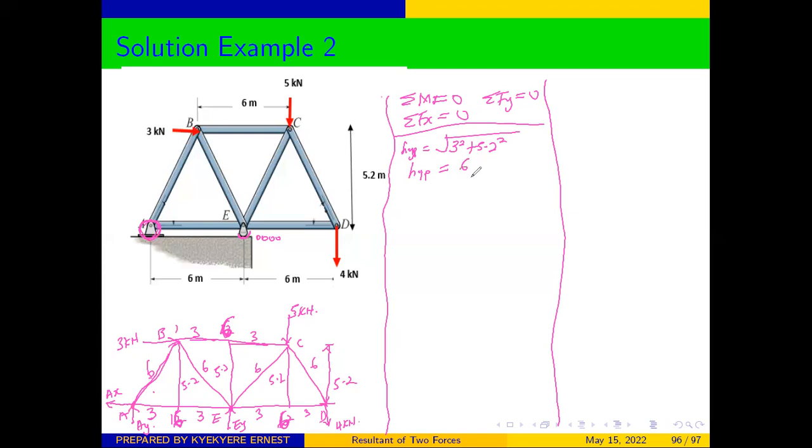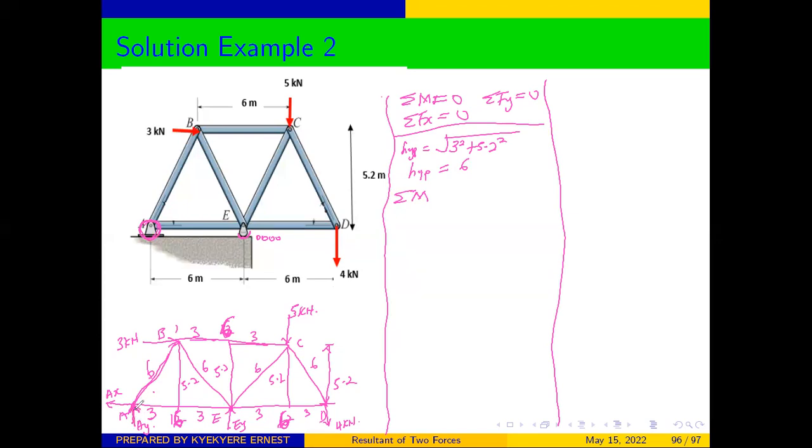This is equal to 6. We can determine our external forces by saying that, always, if you want to take the moment, take it at the point which has most of the forces. In this diagram, at point A is where we have most of the unknowns.